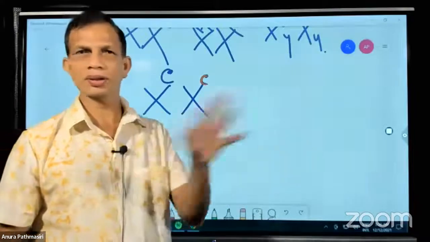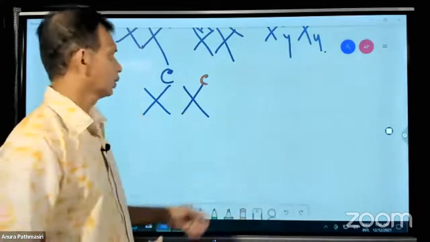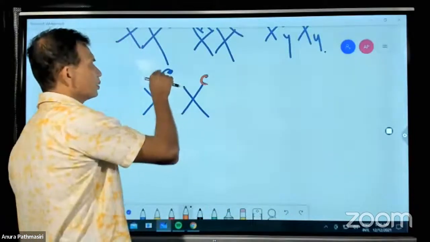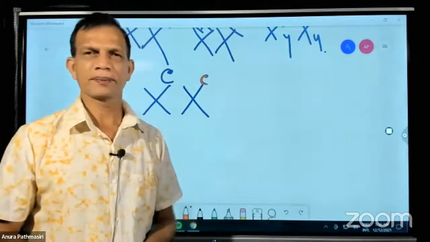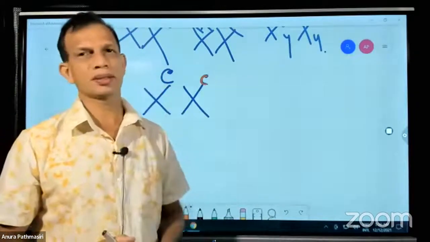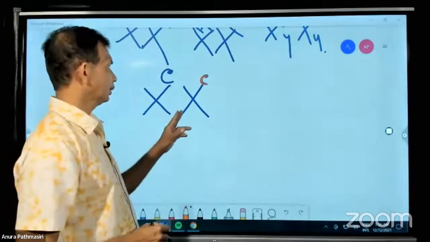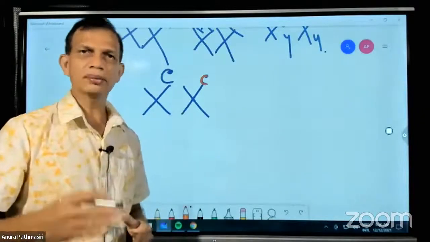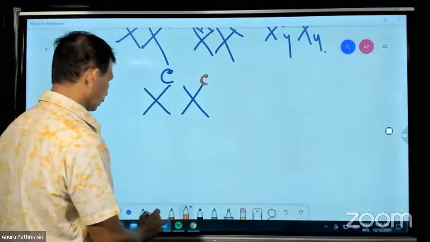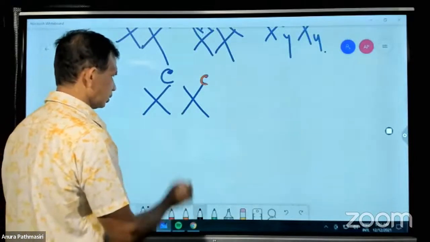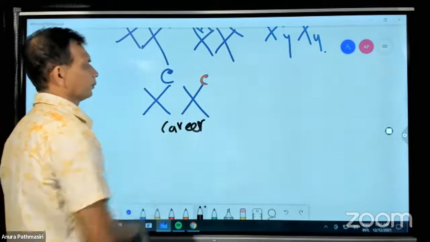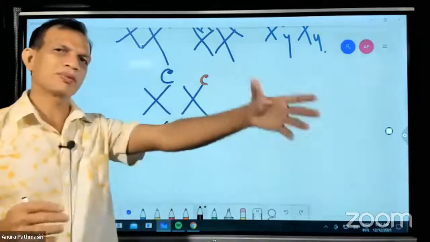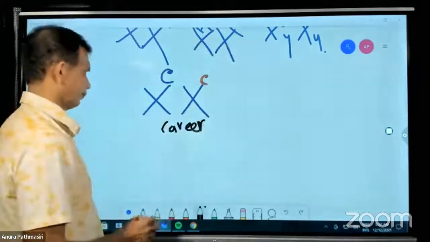That means the mother is not suffering from color blindness, because she has the dominant factor, capital C, that prevents that particular disease. So, a healthy but carrier mother. She is a carrier. She carries that disease from one generation to the other.